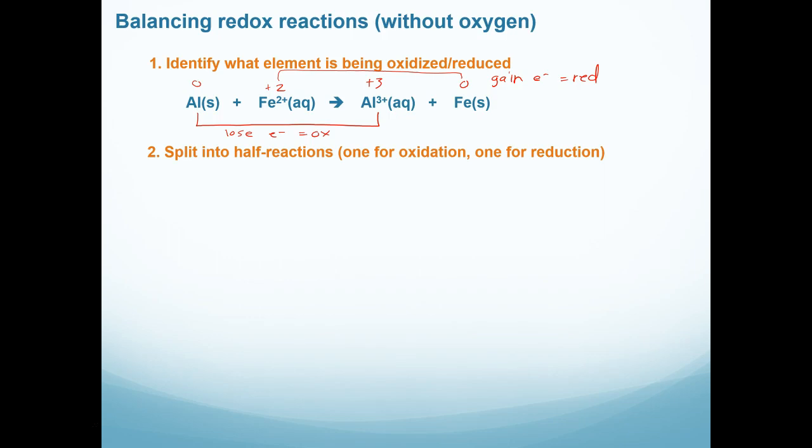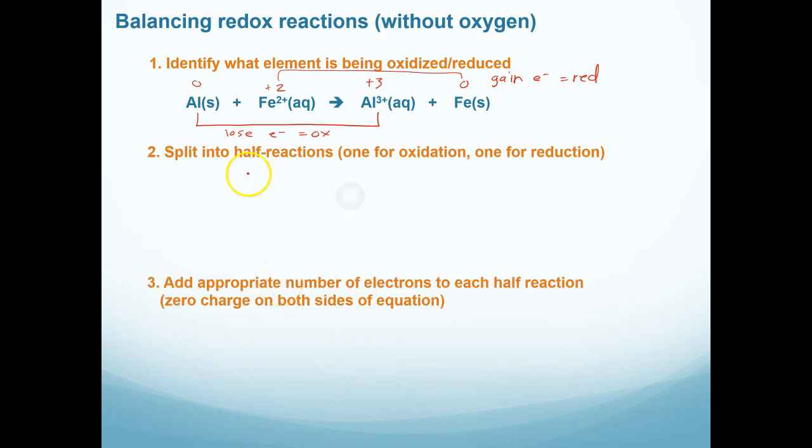When we split it into half reactions, we're going to take the aluminum as a solid going to the aluminum with a 3+, and then we have the iron with a 2+ going to iron that's a solid.